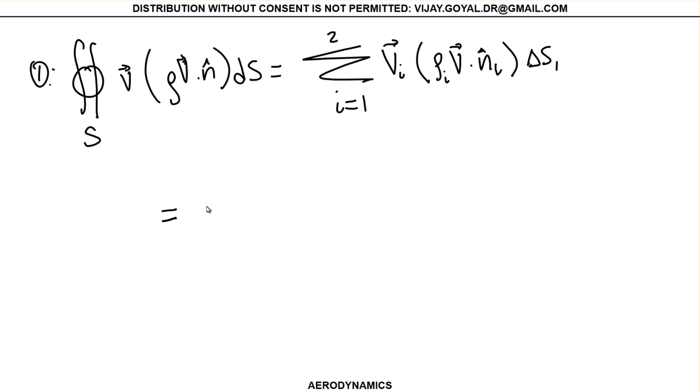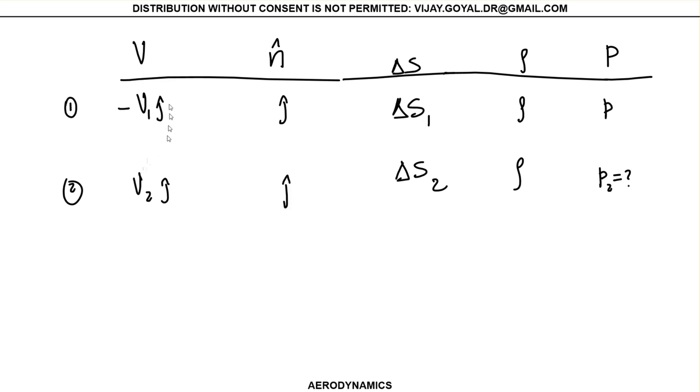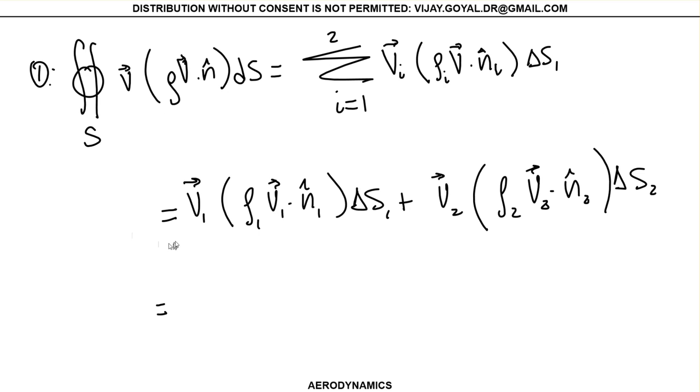So this expression gives you V1 rho1 V1 dot N1 delta S1 plus V2 rho2 V2 dot N2 delta S2. Okay, so we will replace all the values in here. V1 is minus, so this is minus V1 j.